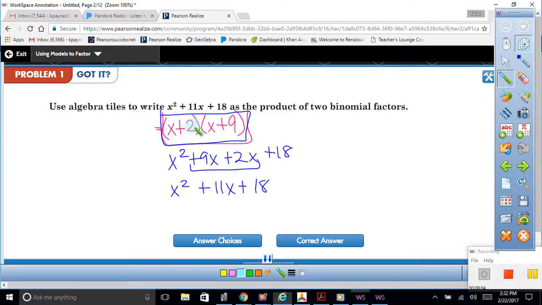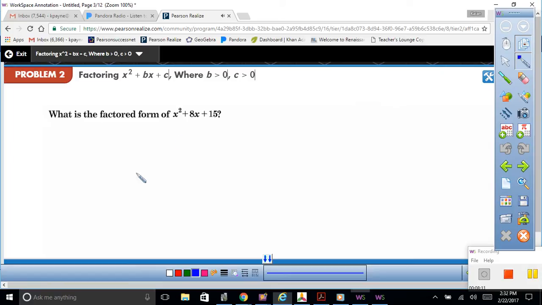Same thing here. 2 plus 9 is 11. 2 times 9 is 18. And we're going to use that fact to factor on the rest of these examples without using algebra tiles.